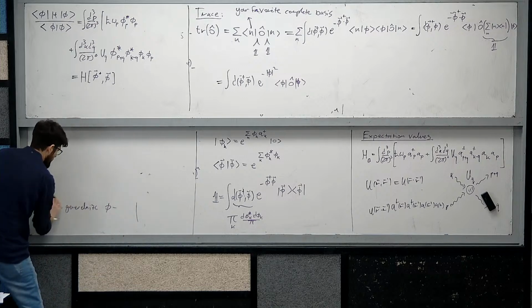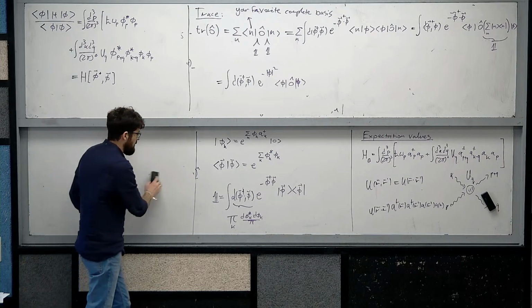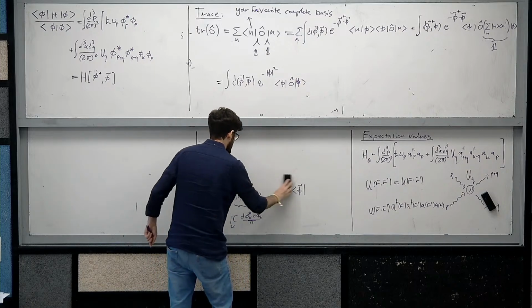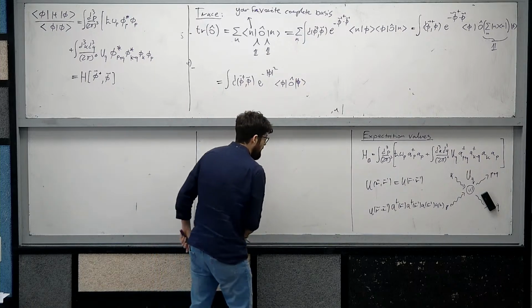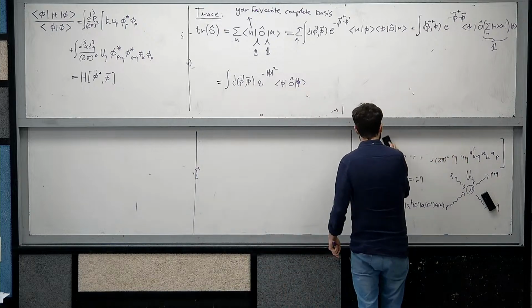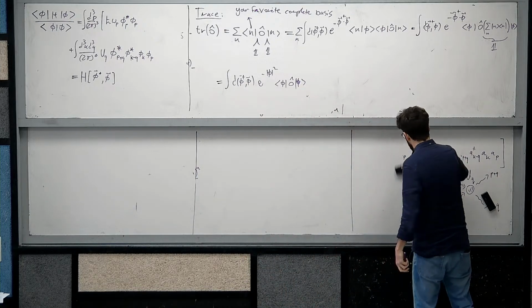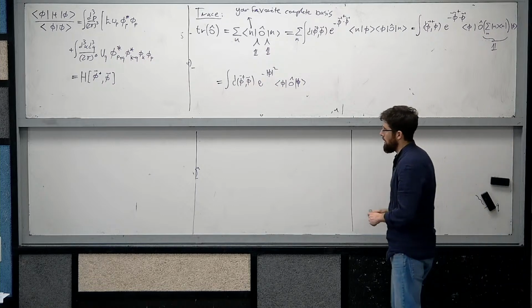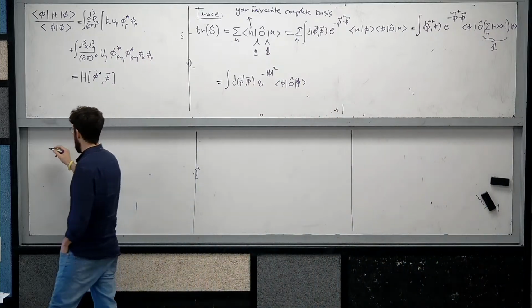Okay, now, so this was all bosonic coherent states. What happens with fermions? So with fermions, as you probably already know, we have a problem because, say I want to describe fermionic coherent states.